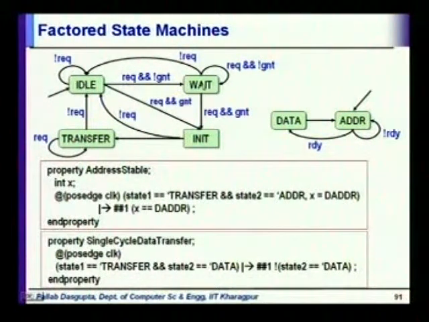One has this idle, wait, init, and this transfer, and in this transfer we have the data and address cycle, right. So you can rewrite the properties like this, that state 1 is transfer, state 2 is ADDR, then x is if x is DADDR, then in the next cycle also the address will be held, right. So it's the same properties now written with more than one state machine. The properties become slightly larger, but the state machines become simpler, right.